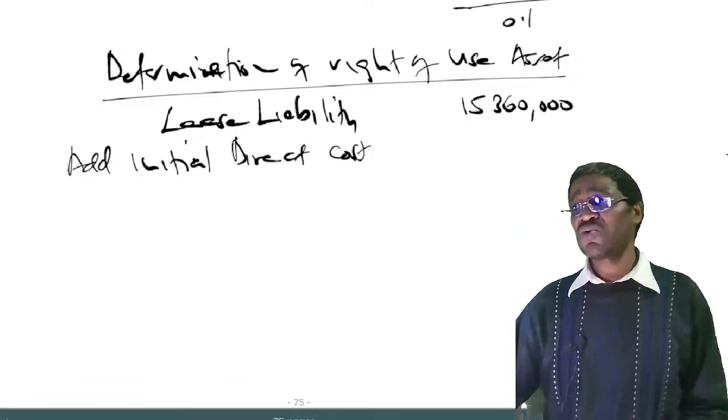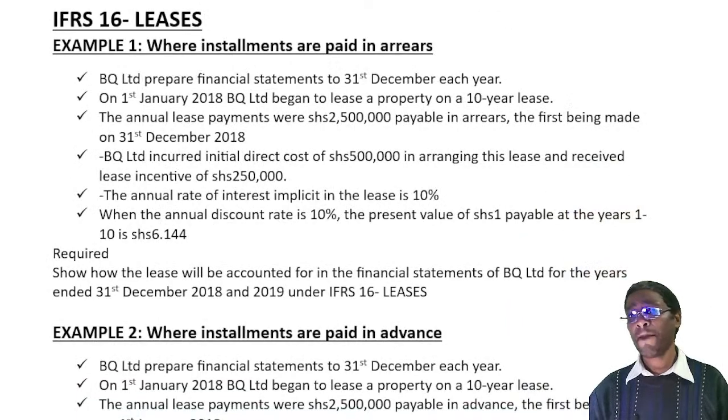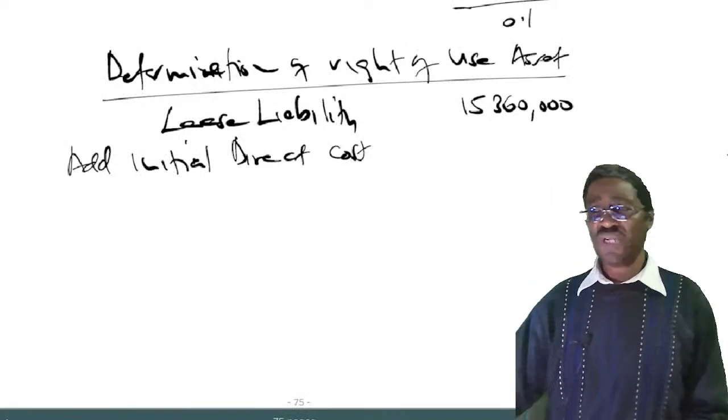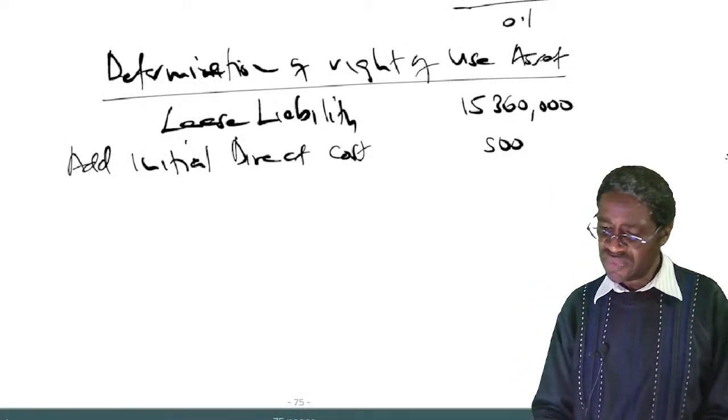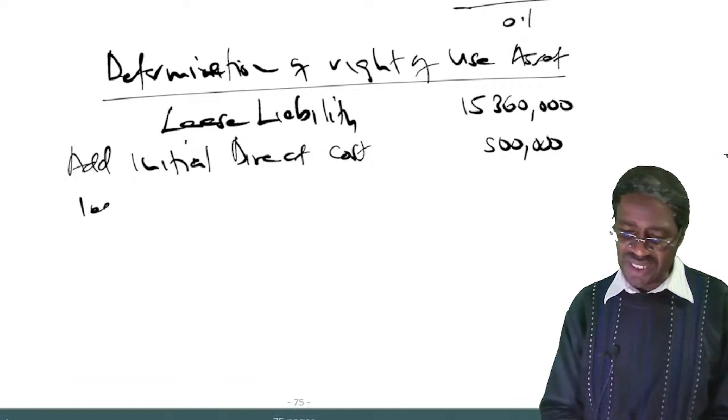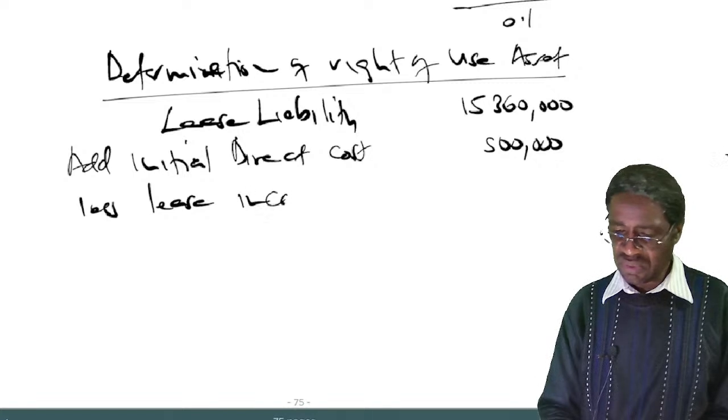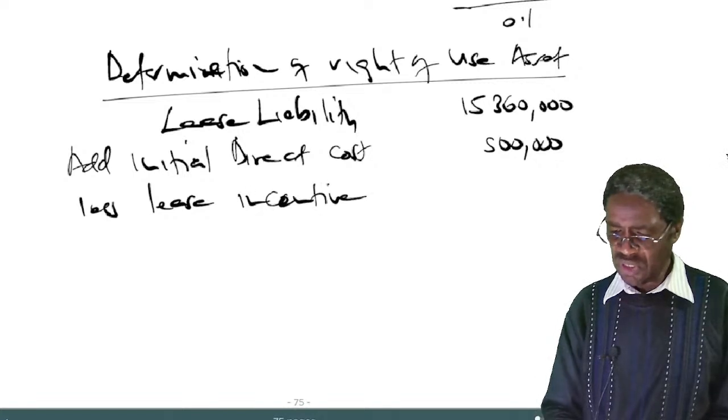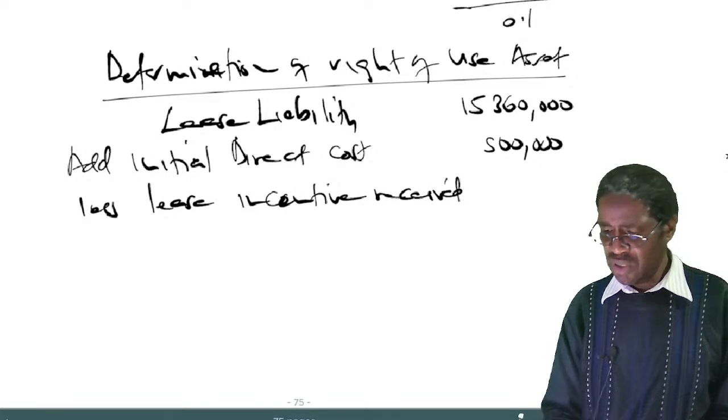Yes, bullet number 4 says BQ incurred an initial direct cost of 500,000 in arranging this lease and received a lease incentive of 250. Good. Let's add the 500,000. Then we less the lease incentive received, which is 250.